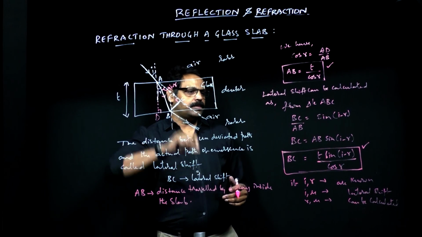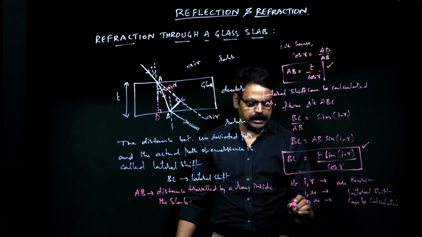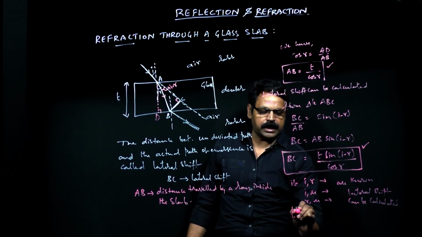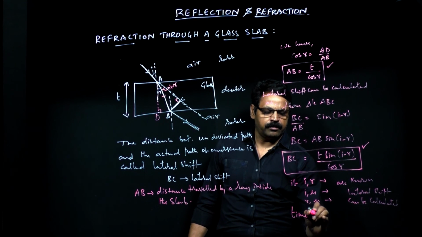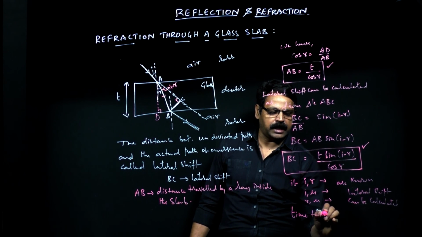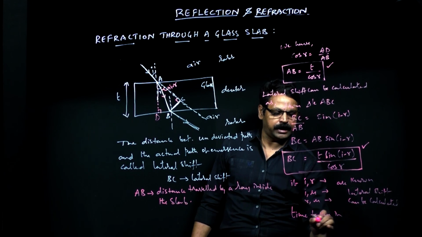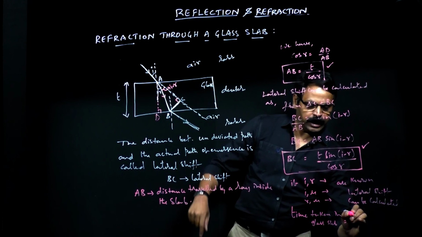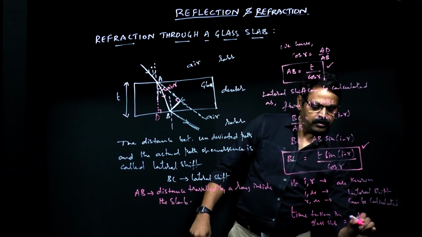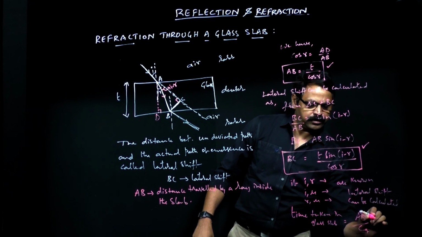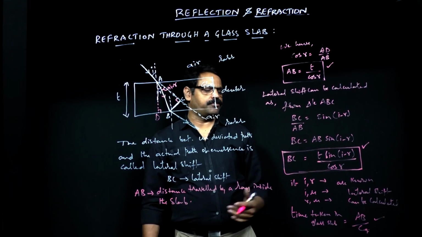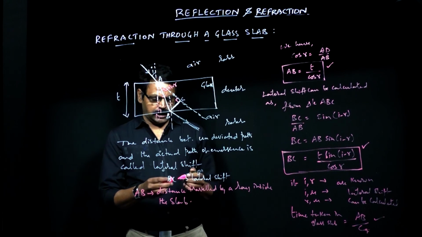You have to take the velocity of light in the medium. So time taken for the light ray in the glass slab is equal to AB by the speed of light in the glass slab. Let us say that is Cg. So these are the formulae which are important in the case of a glass slab.